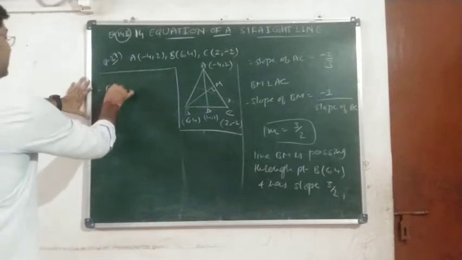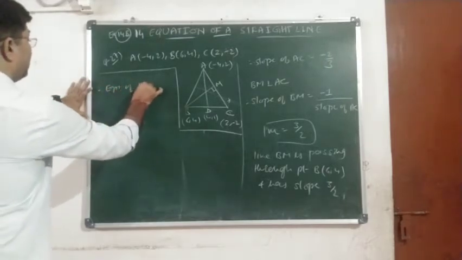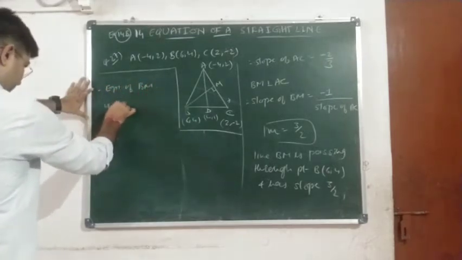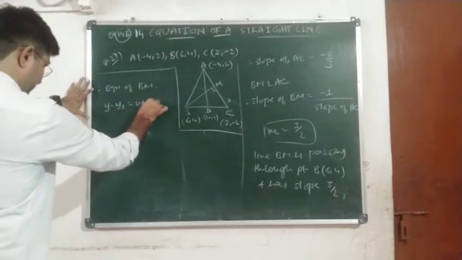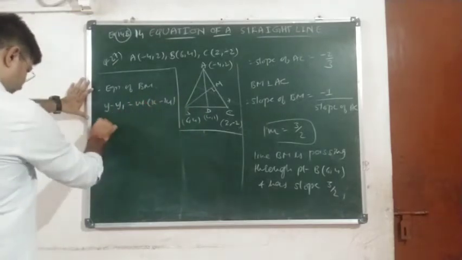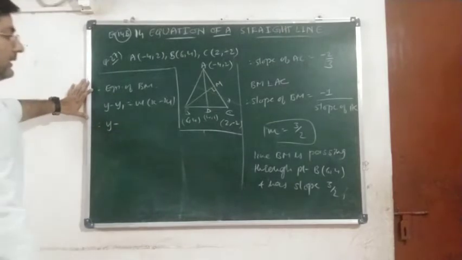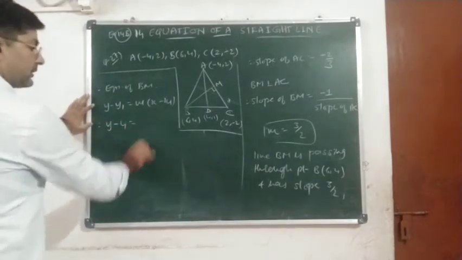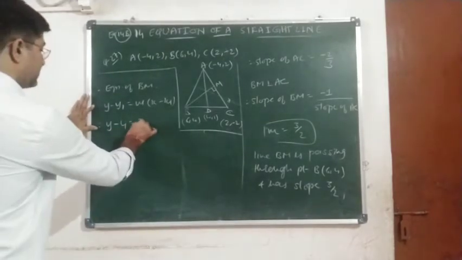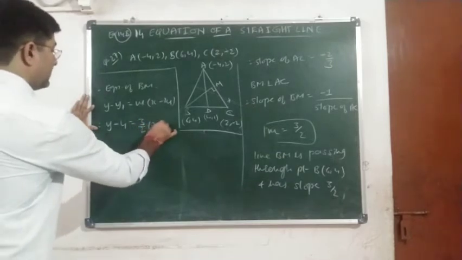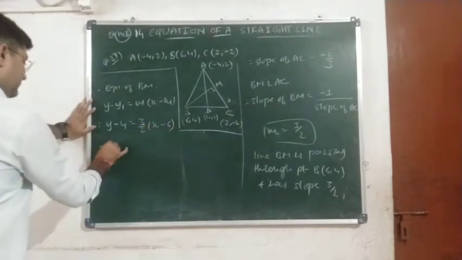Therefore equation of BM: y minus y1 is equal to m into x minus x1. Therefore y minus 4 is equal to 3 upon 2 into x minus 6.